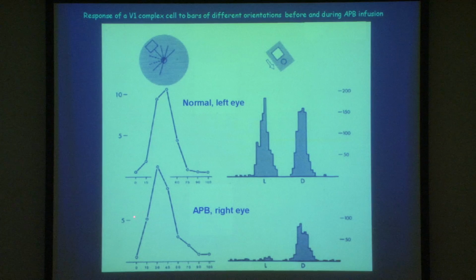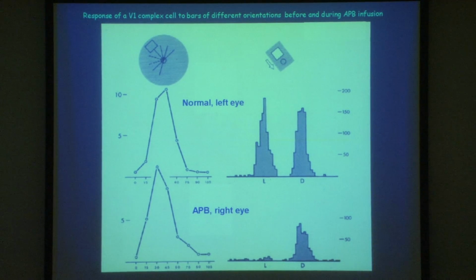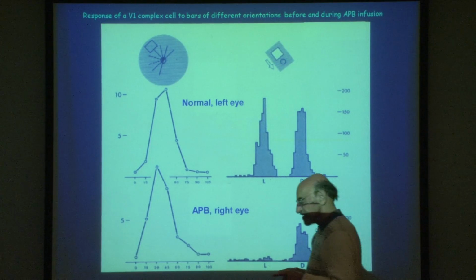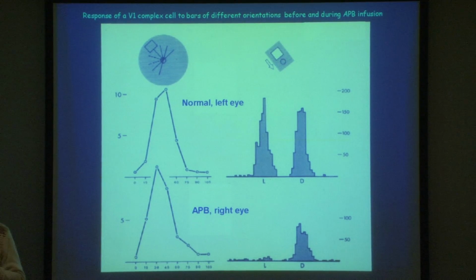And you can see that the cell's orientation specificity is also unaffected, meaning that the orientation specificity of the cortical cells is not due to the interaction between the on and off channels.